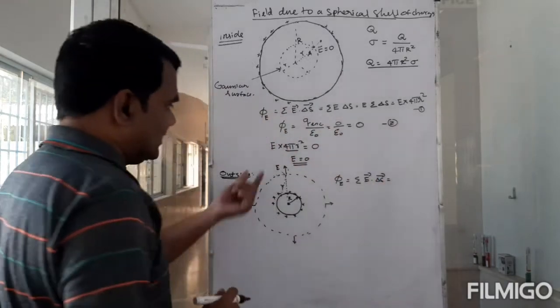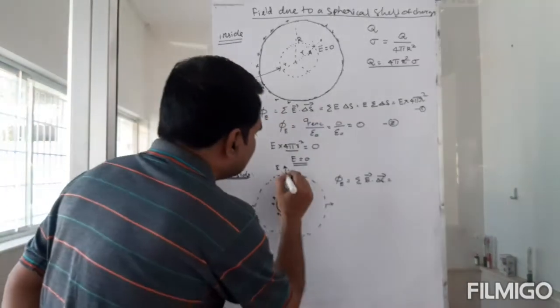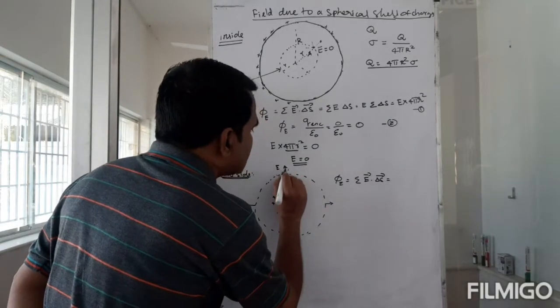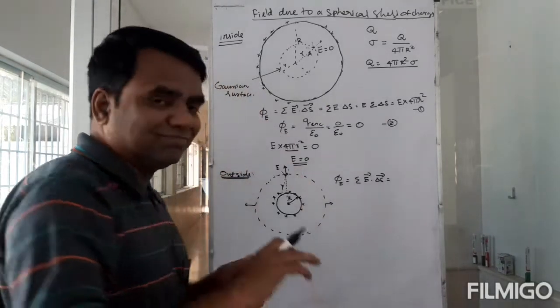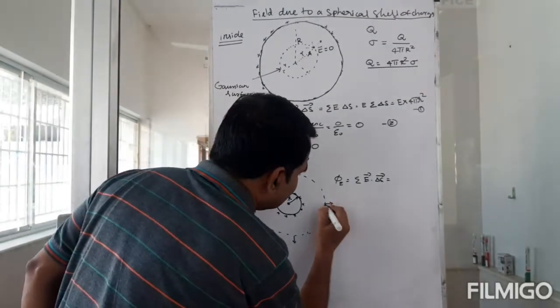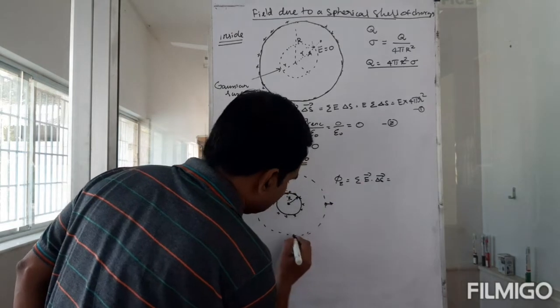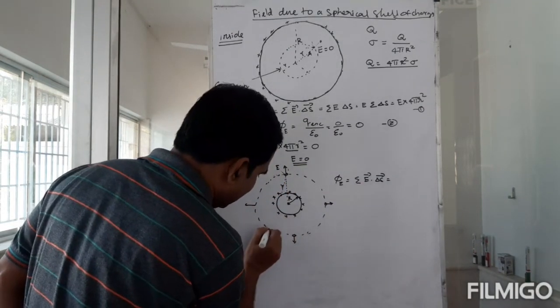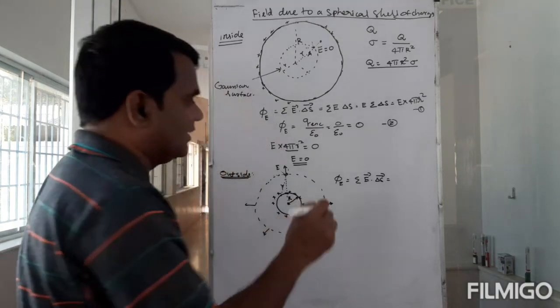But you can clearly see something else. You see, the normal vector here at this point on the surface will also be in this direction, right? And then the normal vector here will also be in this direction. The normal vector here will also be in this direction as the field E.